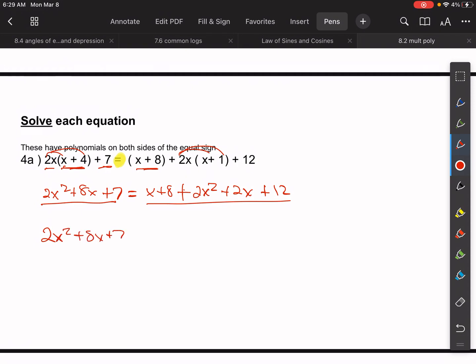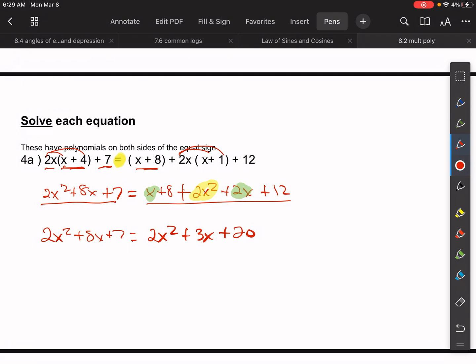Okay, and then I'm going to combine some things here. So first of all, let's write it in order of degree. Okay, so this guy is the highest degree, so I'm going to put that first, 2x squared. And then we're going to go to, highlight in a different color here, these x terms are similar. So I can go ahead and combine those and get a 3x. And then 8 and 12 is similar, so I can combine those and get plus 20.